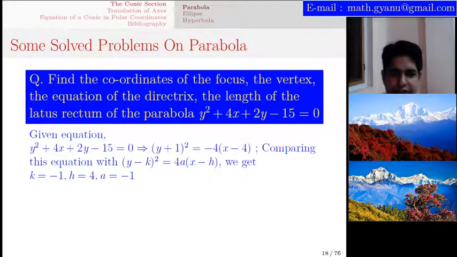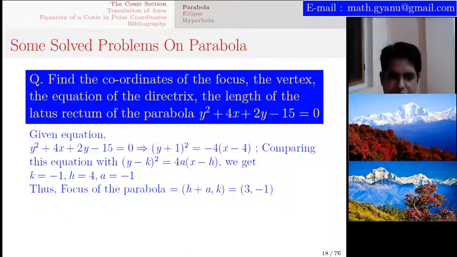Then you will get k equal to minus 1, s equal to 4 and a equal to minus 1. Thus the focus of the parabola, remembering result 3, will be s plus a comma k.